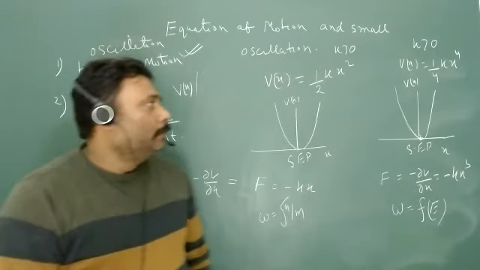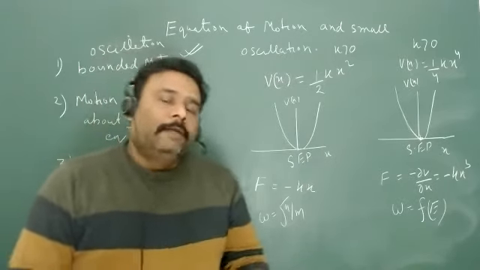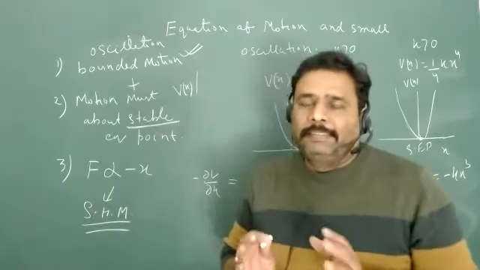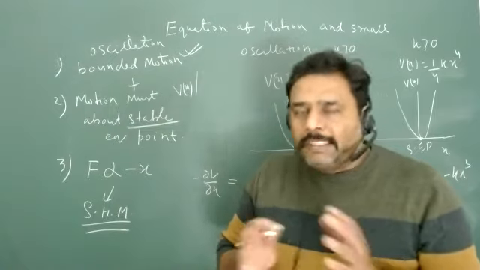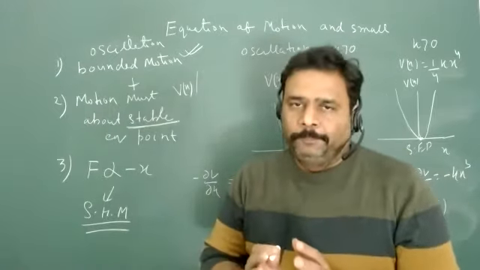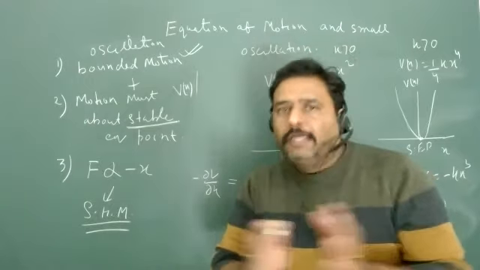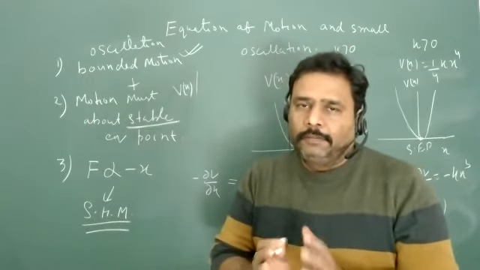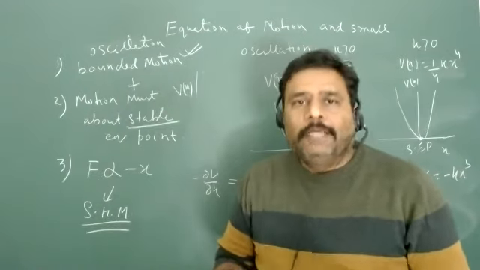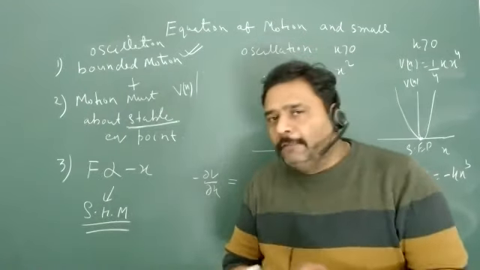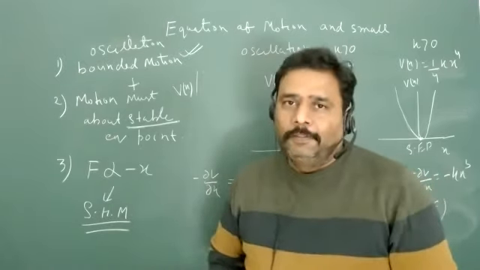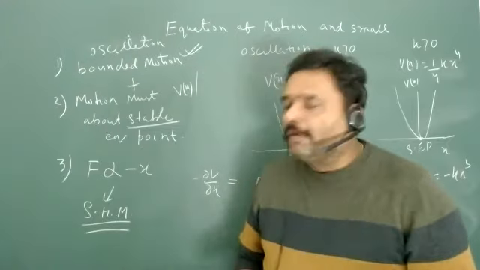But the beautiful thing is that we have beautiful mathematics which can approximate any potential to a simple harmonic motion for a small displacement case. So sometimes we use the word small oscillation for the simple harmonic. Okay, so let's go for that theory.